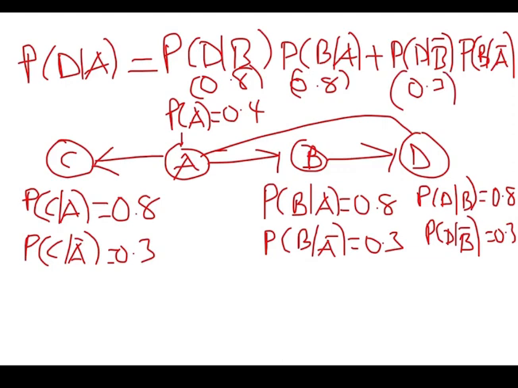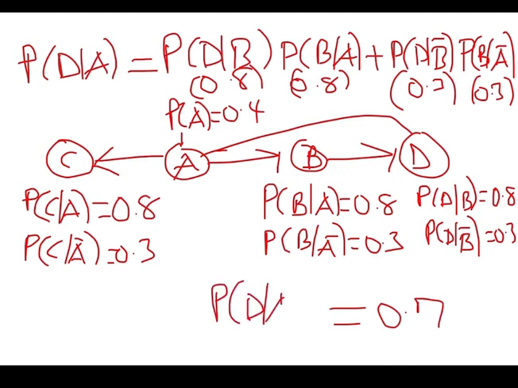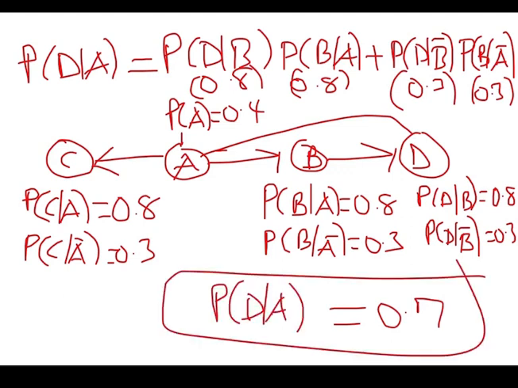And the probability of B given A complement is 0.3. Now all we need to do is 0.8 times 0.8, that is 0.64, plus 0.3 times 0.3, and at the end of the day your final answer is 0.7. So I calculated the probability of D given A to be that. Any question? I'm done finding the probability of D given A. You see, the way it's done is very easy.